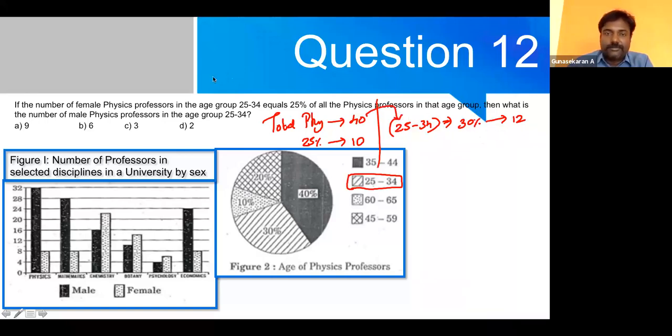In that, female is 10. Male is how much then? 2. What is the number of male physics professors in that age group? It is 2. That's all.